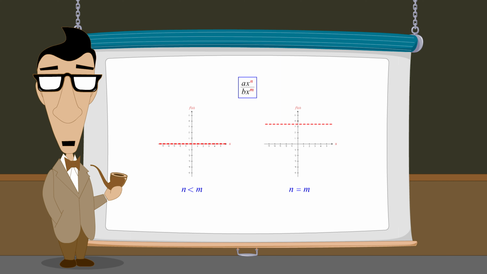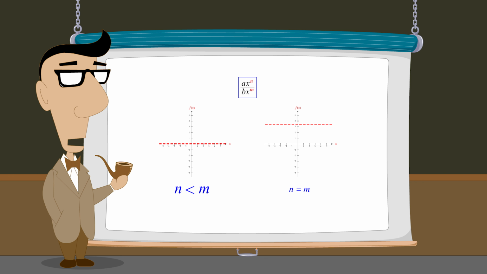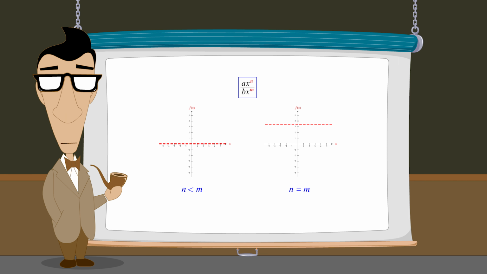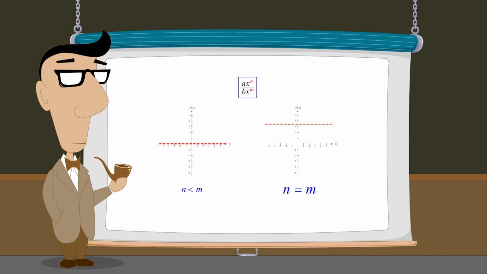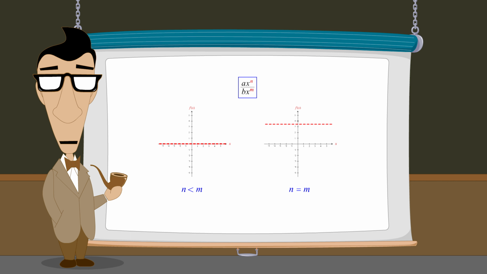If the largest numerator exponent is less than the largest denominator exponent, that asymptote will lie on the x-axis, and if the largest numerator exponent is the same as the largest denominator exponent, that asymptote will lie above or below the x-axis. So let's determine the horizontal asymptotes for a few rational functions.